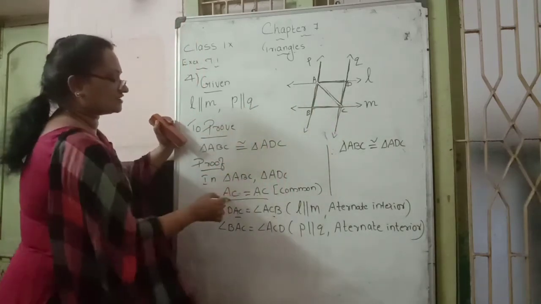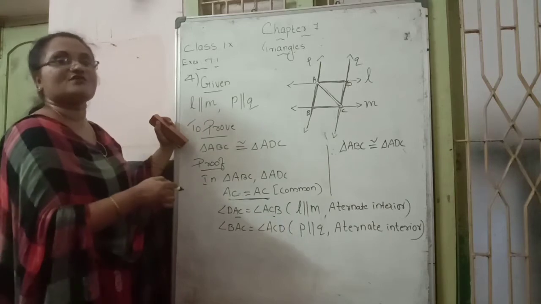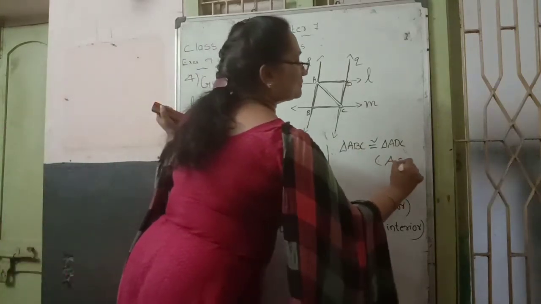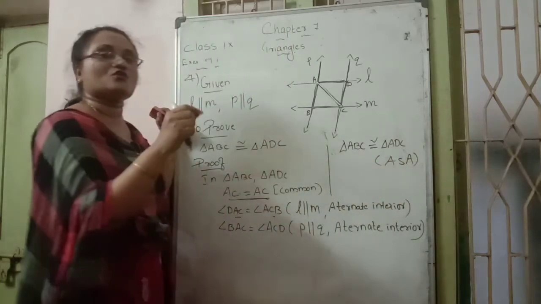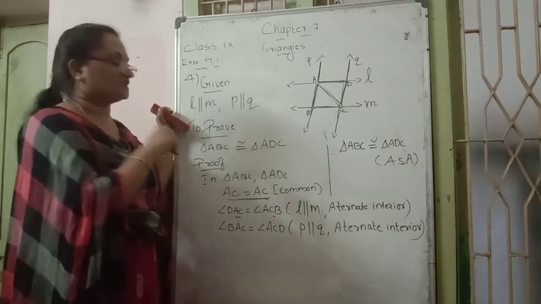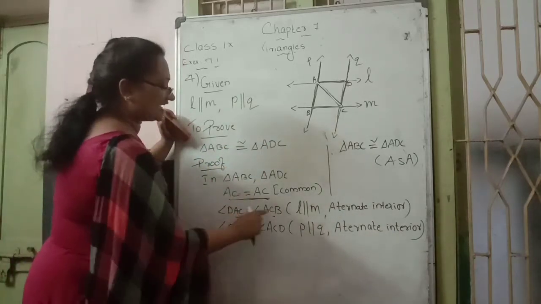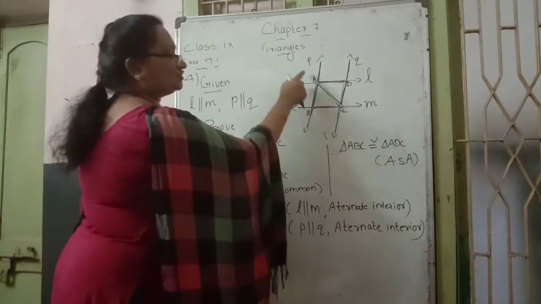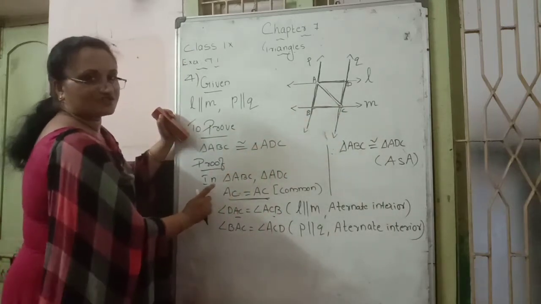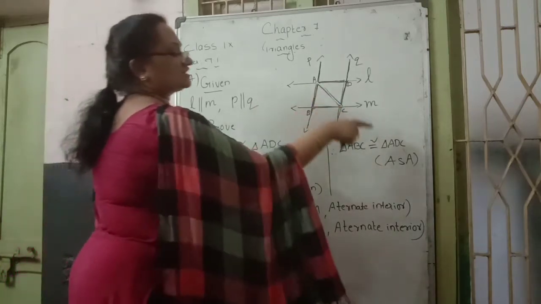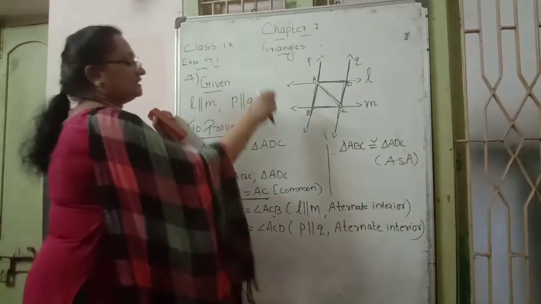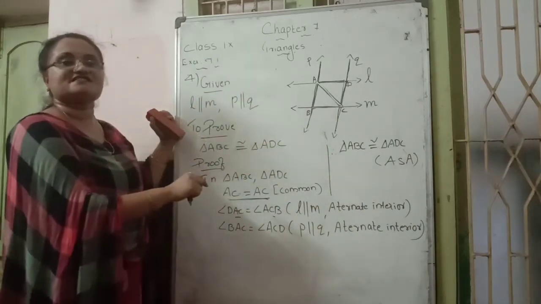AC side only. That's why they satisfy which property? ASA. I hope you can understand how we are applying the ASA property here. Two angles are there, A and C, and the side belonging to these two angles is AC. That is our first condition. That's why here they are satisfying the ASA property. I hope you can understand this question.